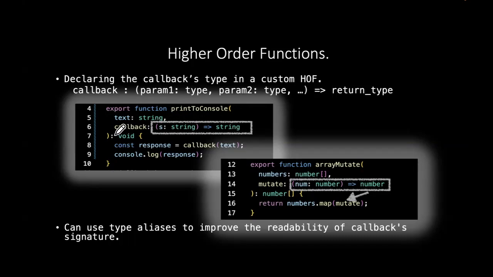Just in passing, sometimes functions don't return anything. They don't have an actual return statement. In that case, we can say that the return type is void. Void, you might remember, is one of the primitive types built into the TypeScript language.